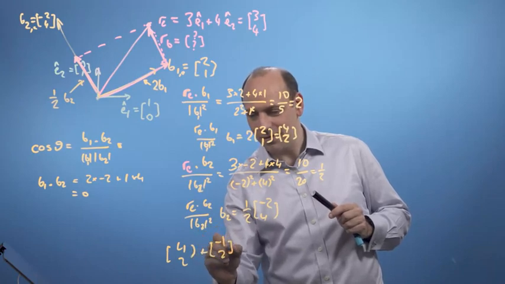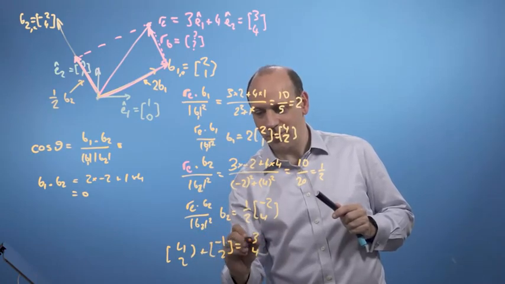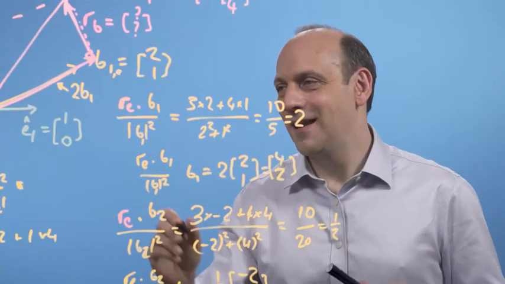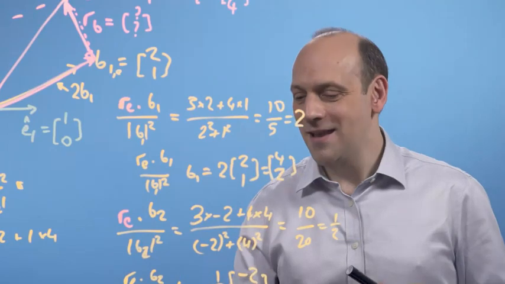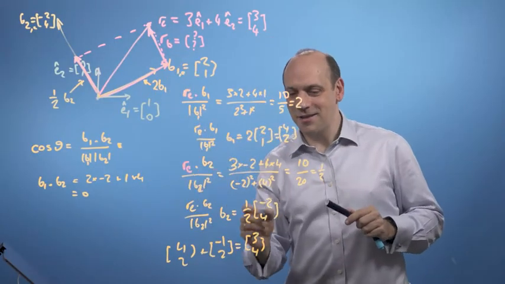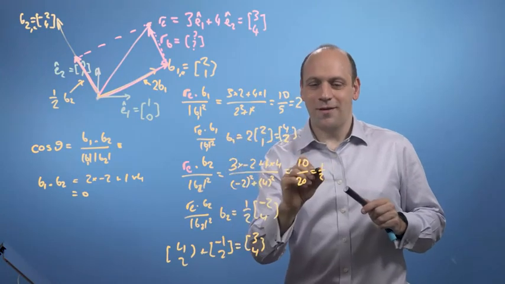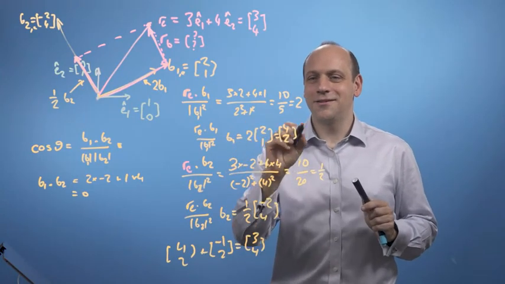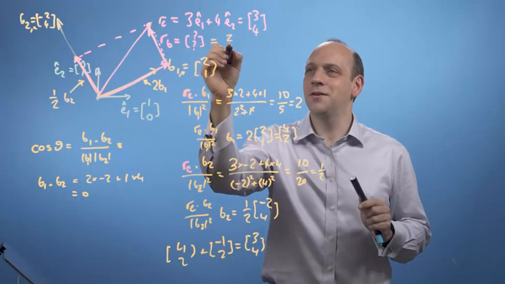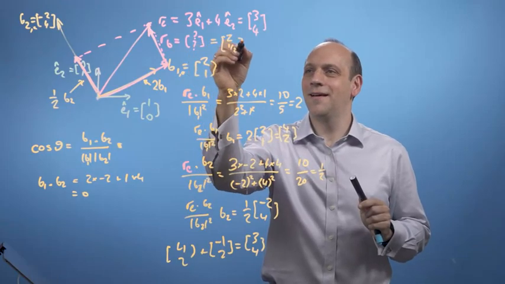If I add those together, I've got 3, 4, which is just my original vector R, 3, 4, in the basis E. So in the basis of B1 and B2, our R_B is going to be 2, 0.5. Very nice, 2, 0.5.